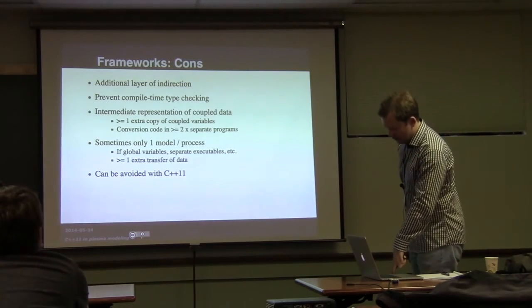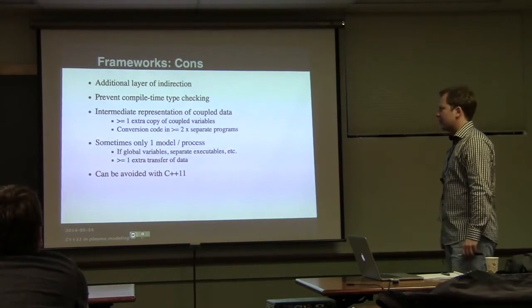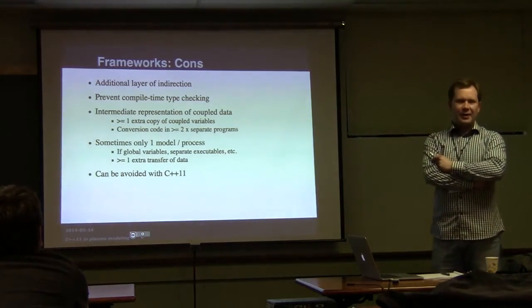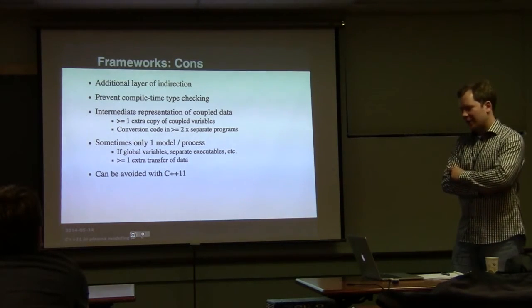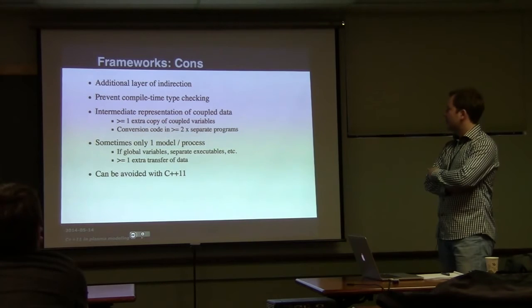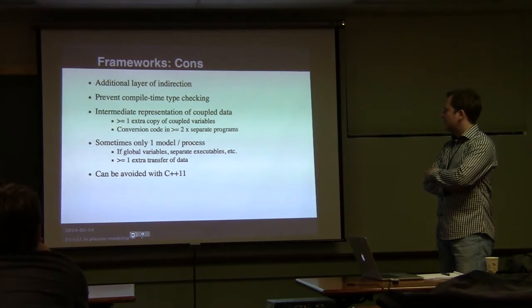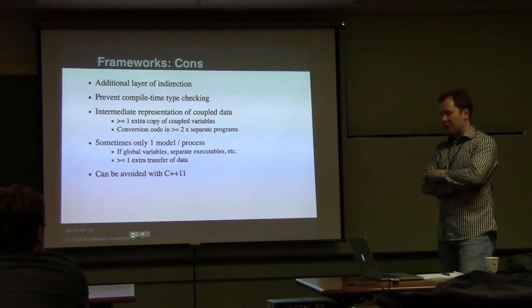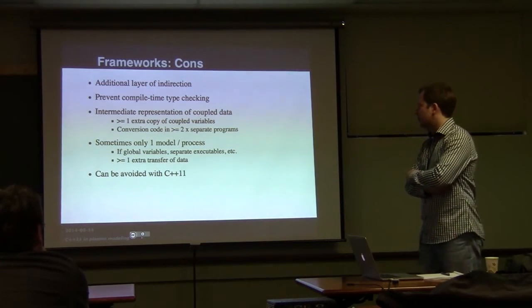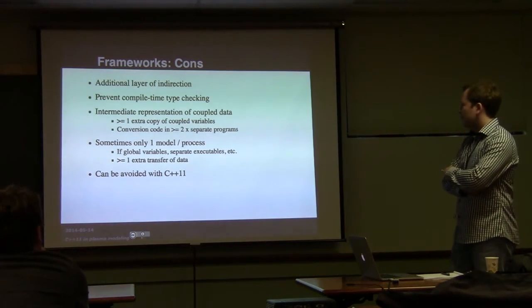But well, there are also drawbacks. First of all, it's an additional layer of indirection which could be done without, or might be nice to be able to do without. And also there's the type checking by the compiler, so you have to be more careful when doing that.